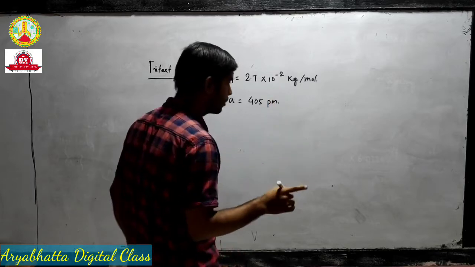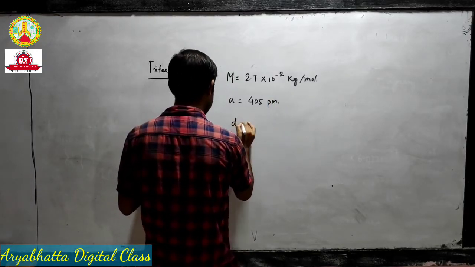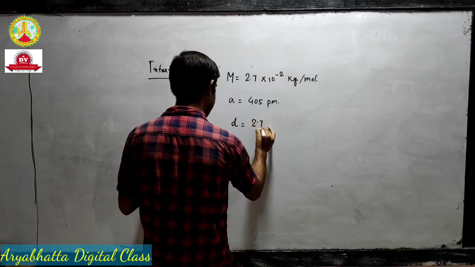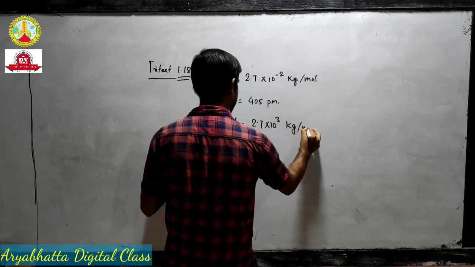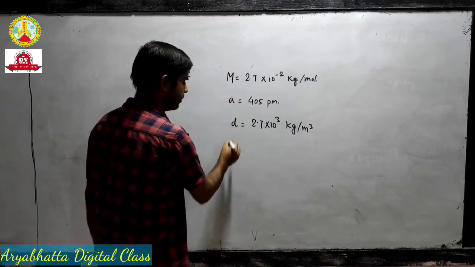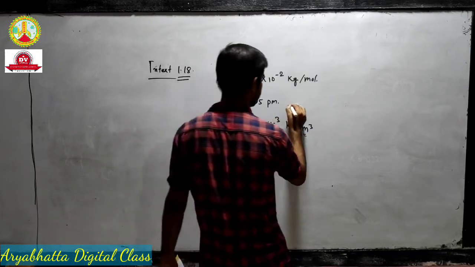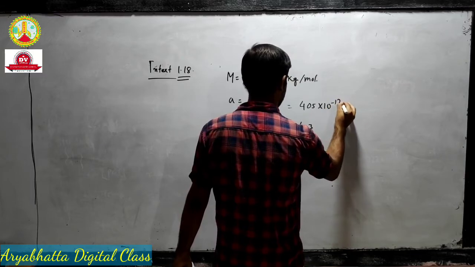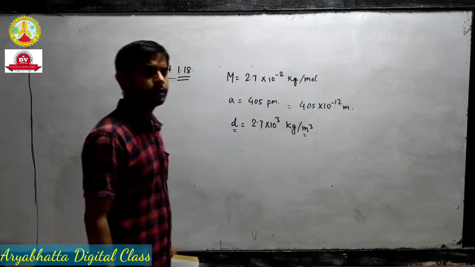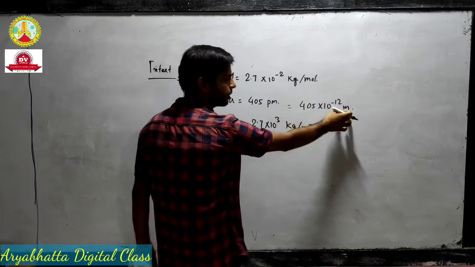I will write down the density also, which is given to be 2.7 into 10 to the power 3 kilogram per meter cube. Since density is given in meters, I will convert the edge length in meters only.